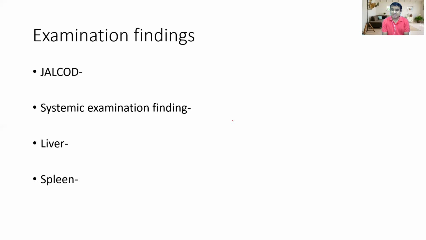These are the organs which have the capacity for hematopoiesis, where RBCs can be formed if required, especially in a child. So in hemolytic anemia, these organs can be enlarged. There can be hepatomegaly and splenomegaly. So you have to always palpate the liver and spleen if you suspect hemolytic anemia.